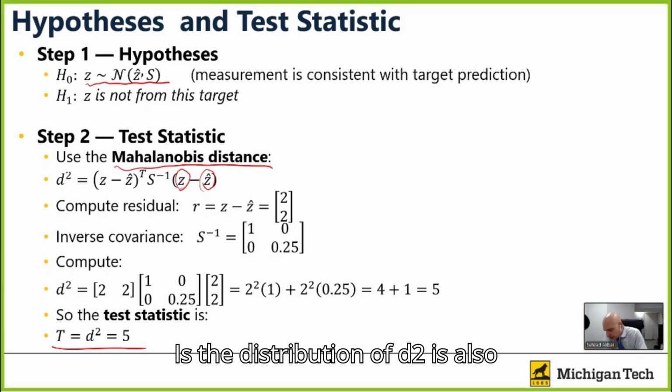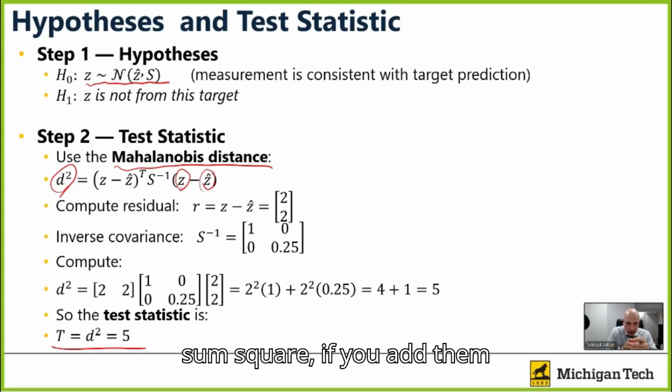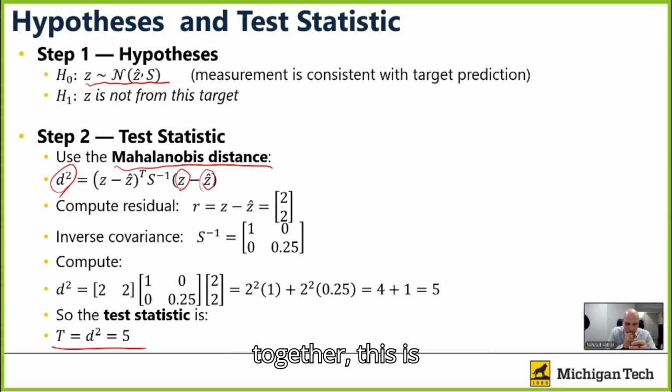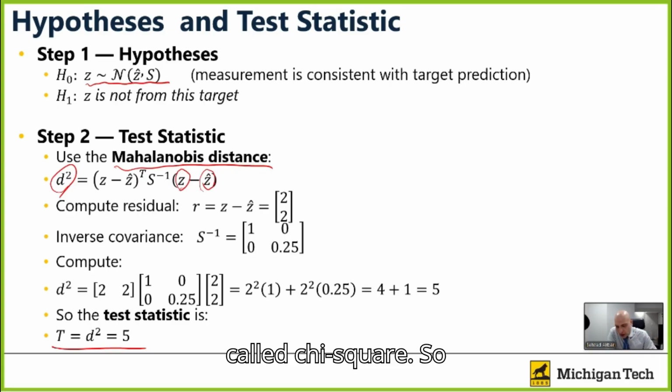Is the distribution of D2 also Gaussian? No. If you square and sum some squares, if you add them together, this is going to make a new distribution called a chi-square.